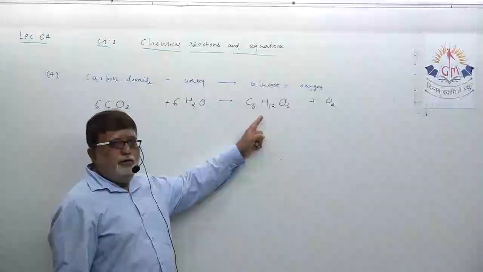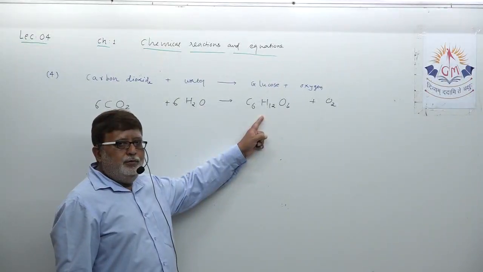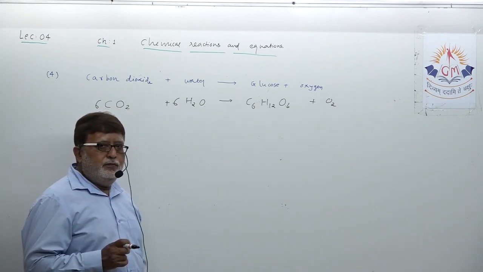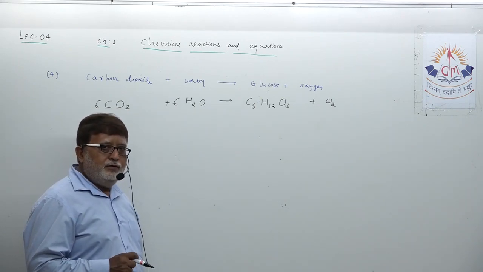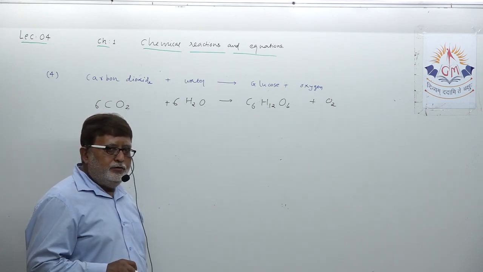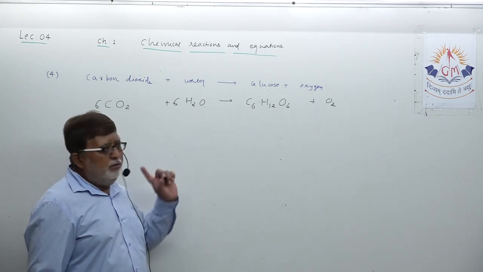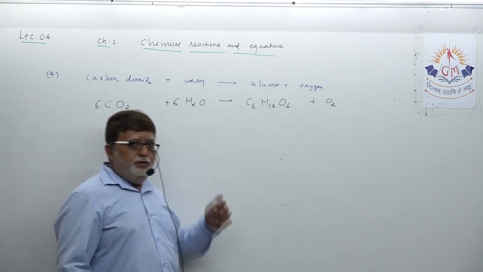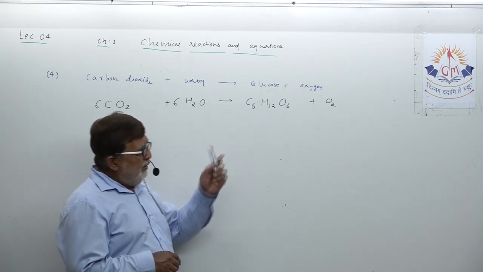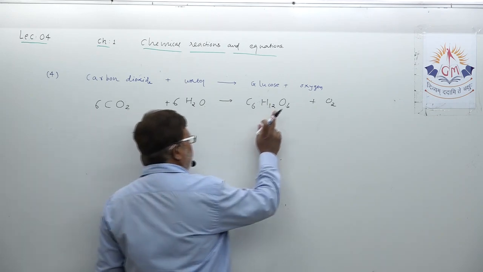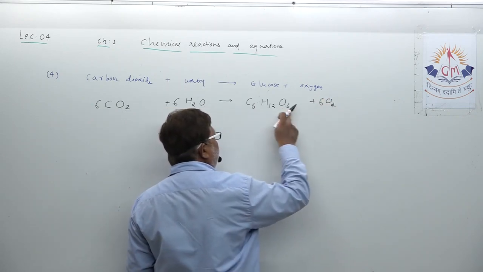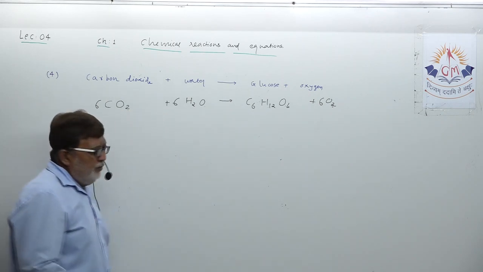Don't disturb glucose, because if you try to disturb this, carbon and hydrogen which were balanced will get unbalanced, and it becomes a very complicated process to balance this equation. So let us target here. 6 atoms are already here. Now if I put 6 here, 6 times 2 is 12, 12 plus 6, 18, the equation got balanced.